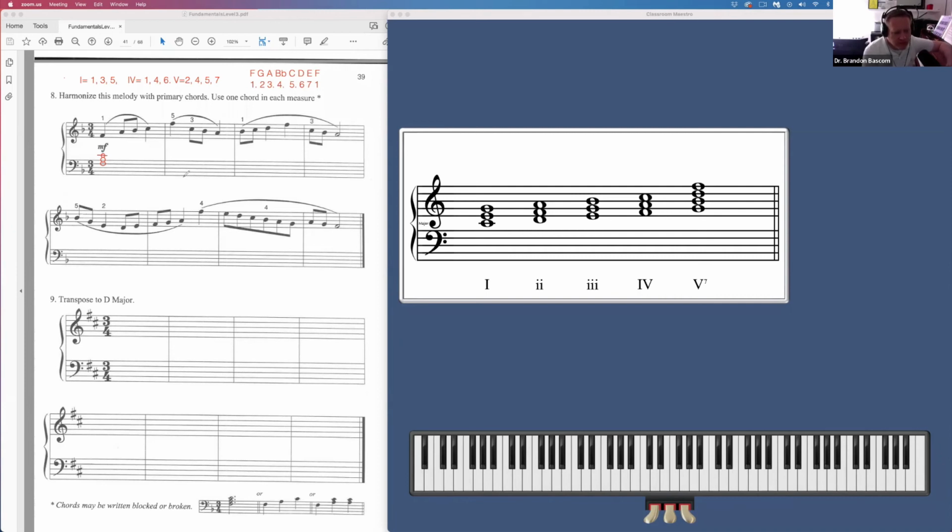And then part 9, we're just transposing that to D major. Again, if it's helpful, you can draw out the D major scale and the F major scale on top of it.